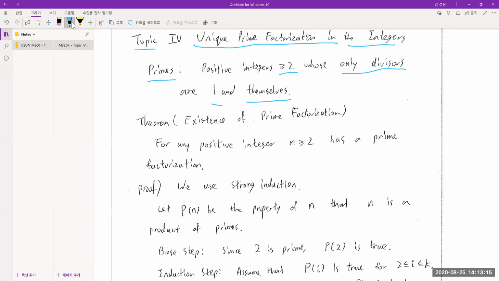The very important theorem about unique prime factorization is the existence and uniqueness theorem on the prime factorization. It has two main parts: one part is existence, and the other part is uniqueness of prime factorization. So what is the prime factorization?